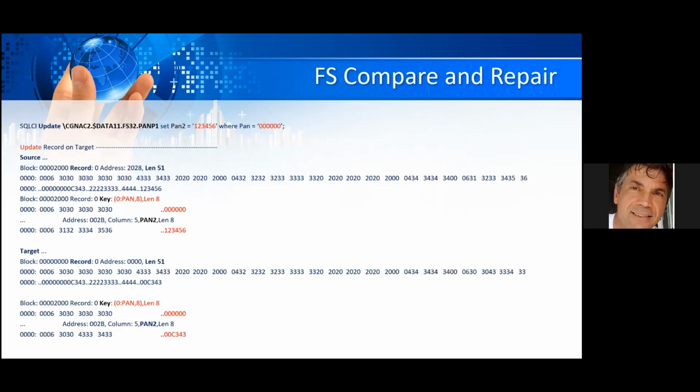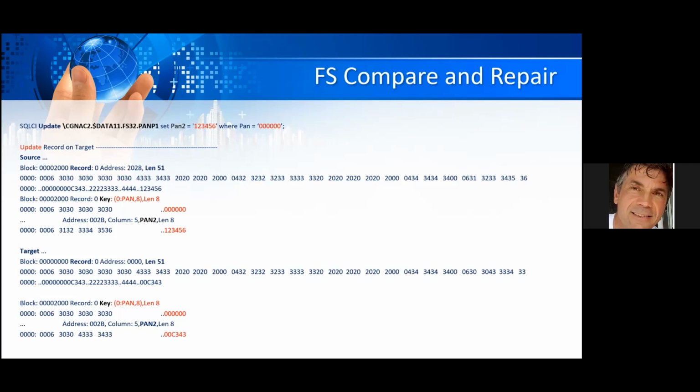This next slide shows what FS Compare can display when a true data discrepancy is detected. In this example, SQLMP source table named PAN-P1 on Cognac 2, the column PAN2 was updated with the value 1, 2, 3, 4, 5, 6 for the row where the PAN column equals 6 zeros.